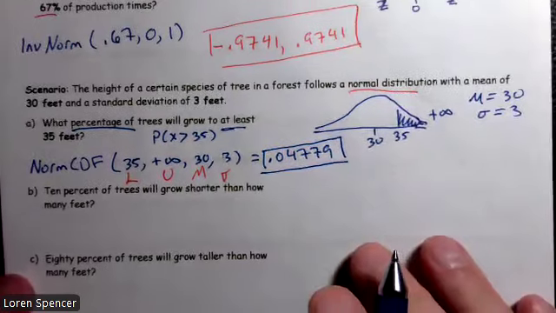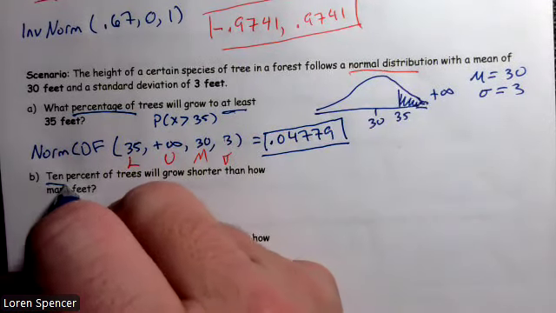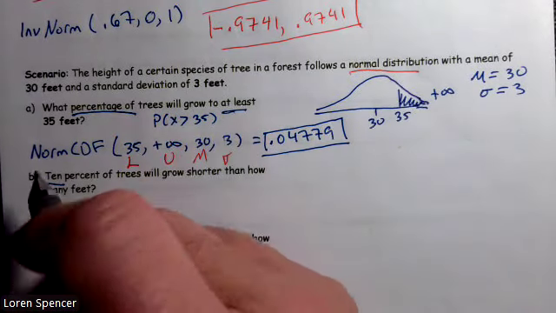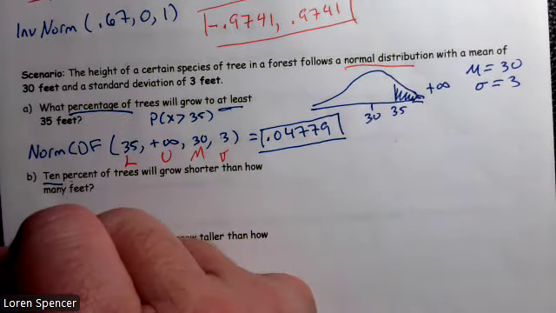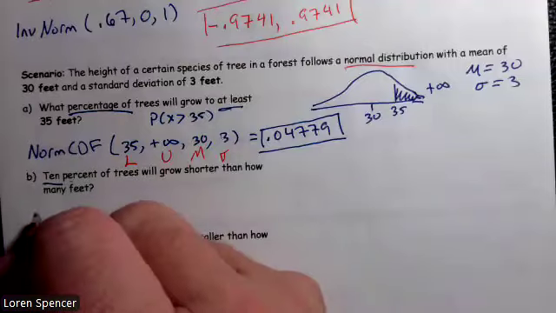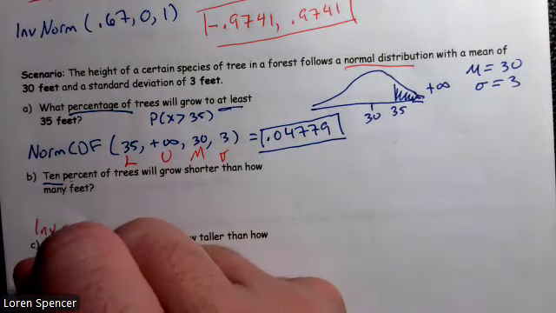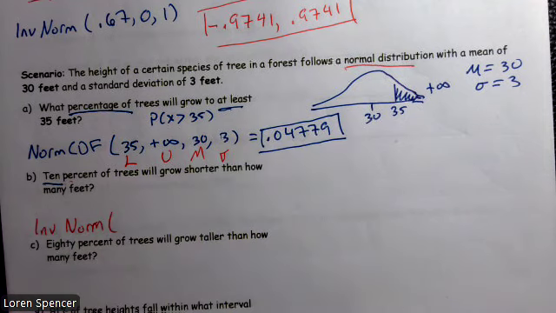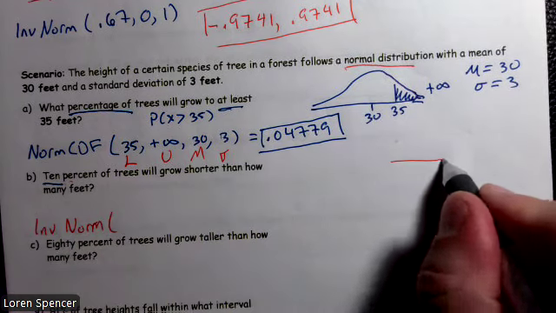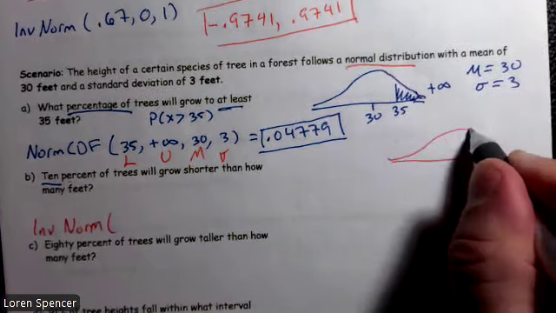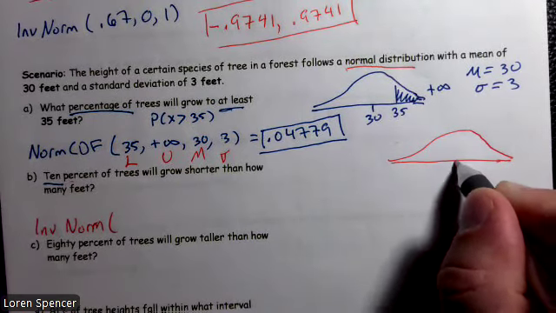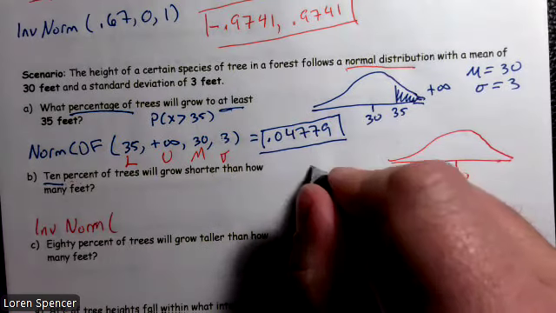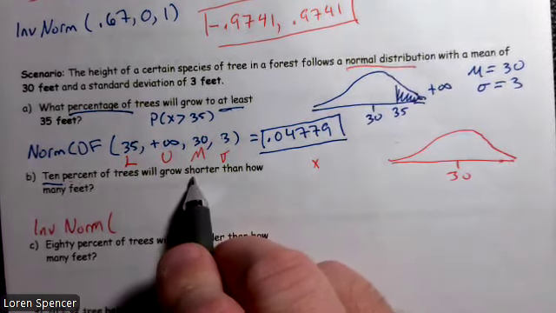That's fine. The next thing, it says 10%. Oh, so they gave me a 10. If they give me a percent, that tells me I'm doing inverse norm. And when I draw my picture, we know we're centered on 30, but before I get too far, anytime I give you a percent, put an X. Grow shorter.